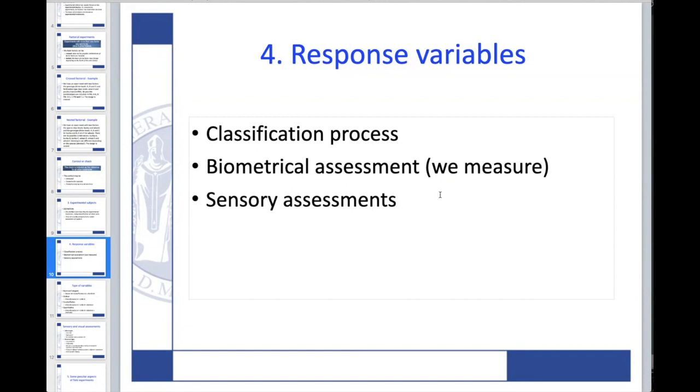For example, we evaluate weed controllability or the efficacy of some drugs simply by looking at the subject. We don't need to measure. We just look at the subject and decide how it should be classified. So that's very common. It doesn't cost much, actually, and it's very quick.